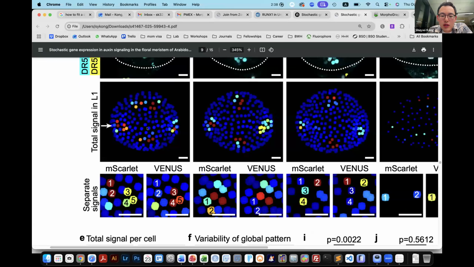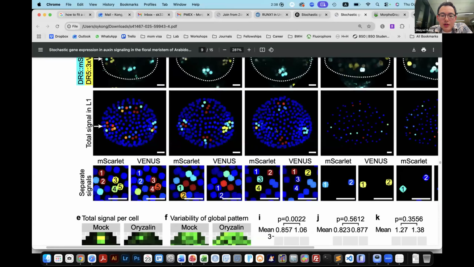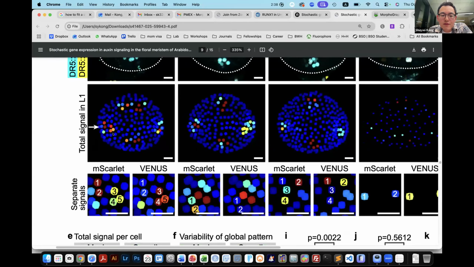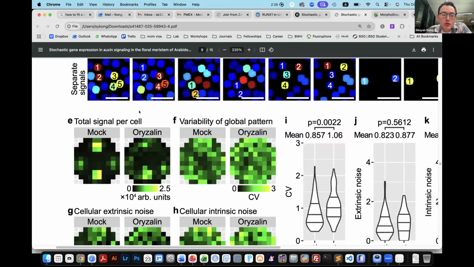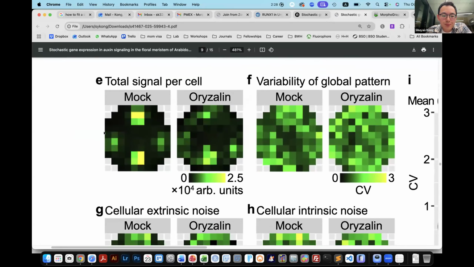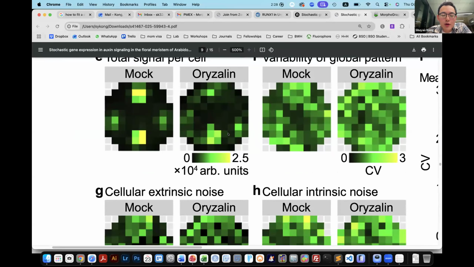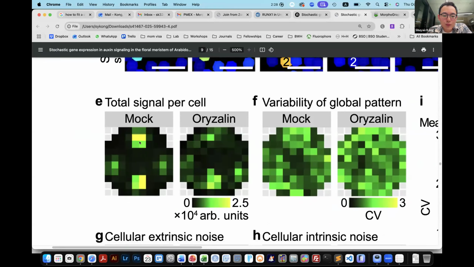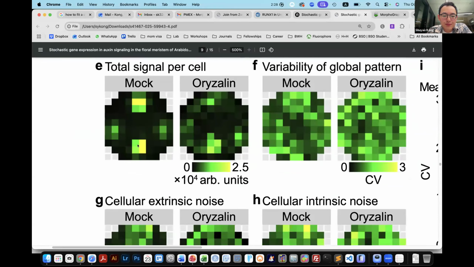What you can do is register them, because from the MorphoGraphX quantification, you export a CSV file. From the CSV file, you get the coordinates. You can get either the XYZ coordinates of each cell, or the polar coordinates. From these coordinates, you can register them in R. You can normalize by, say, the radius of the bud, and then you can bin the signal into these tiny little bins.